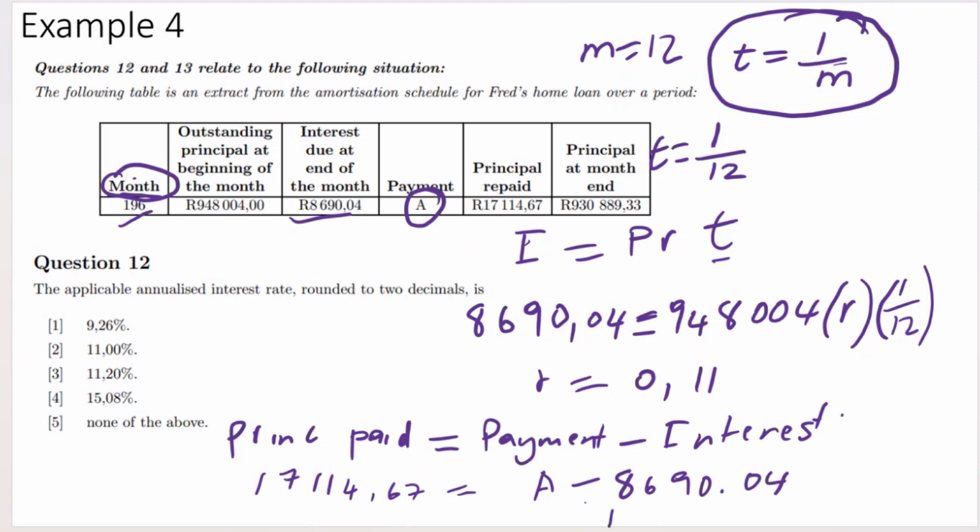So your A is equal to 25,804,71. A common misconception here is when people say your time is 196, and then they go and divide it by 12.